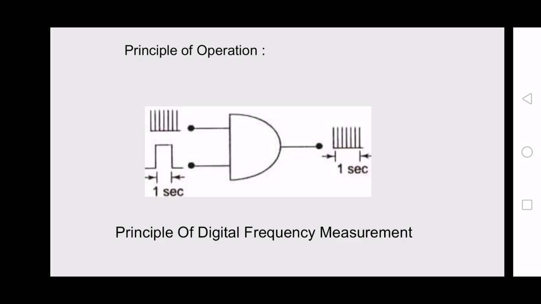Suppose we are taking one signal of 1 second pulse. To the other input, we are applying the unknown input signal whose frequency is to be measured.